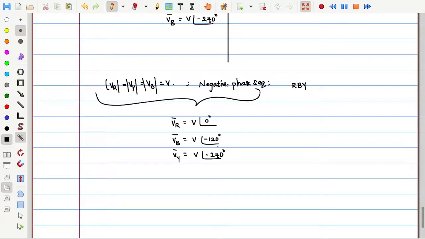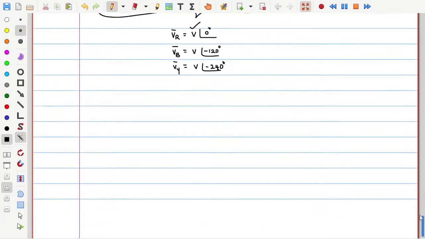In the question or in the data they will give whether it is positive phase sequence or negative phase sequence. It depends on that. Once one magnitude is known, you can write the remaining two magnitudes and angles for a balanced system. Finally, let me give you something simple to identify how well you understood.